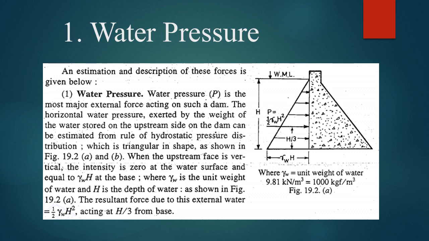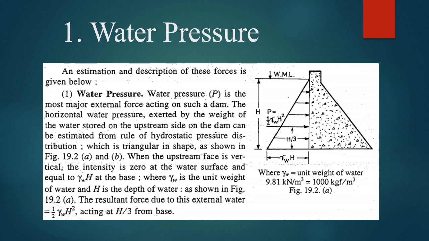Why the unit weight into height? That unit weight into height will give me the stress at the bottom or at the base of the dam. So here the pressure at the base will be gamma w H, and the resultant will act at the CG of this triangle.